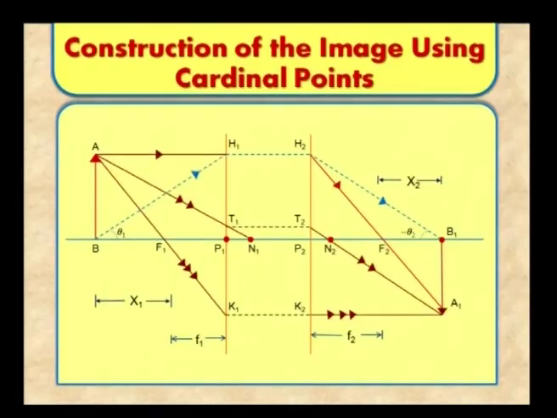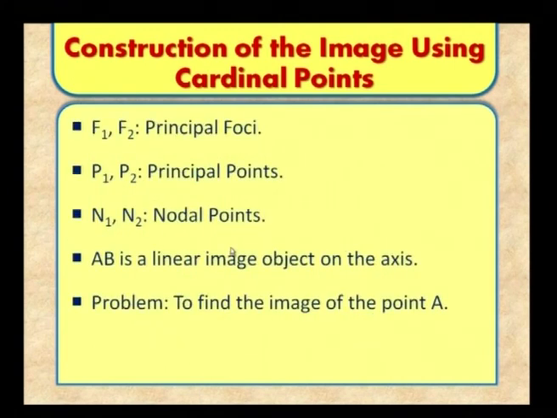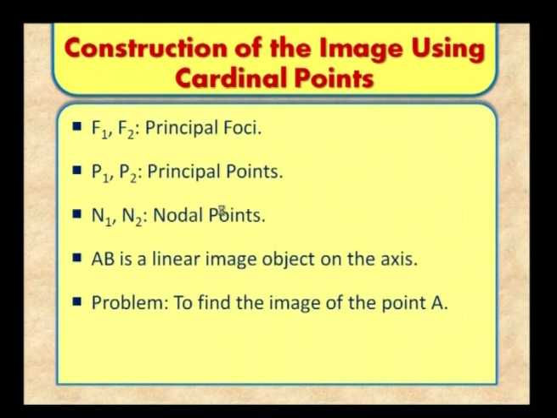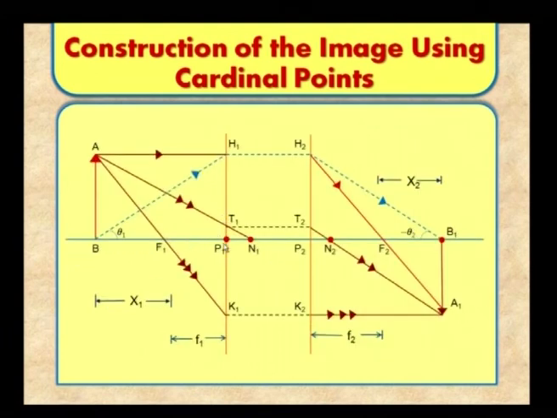Using the cardinal points, we can obtain the image. So, the construction of the image using cardinal points. Let us look at F1, F2 and the quantity X1 mentioned here. F1, F2 are the principal foci. You find F1 here, F2 here, they are the principal foci, and P1, P2 are the principal points.